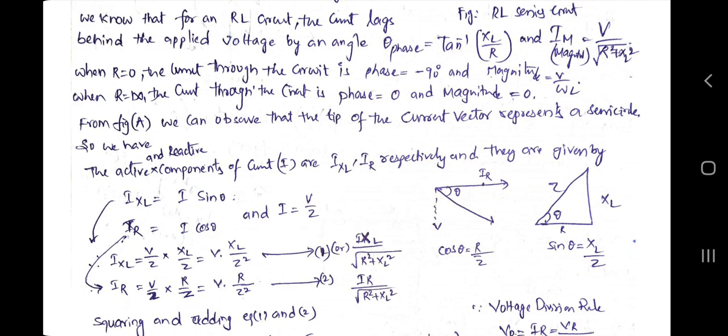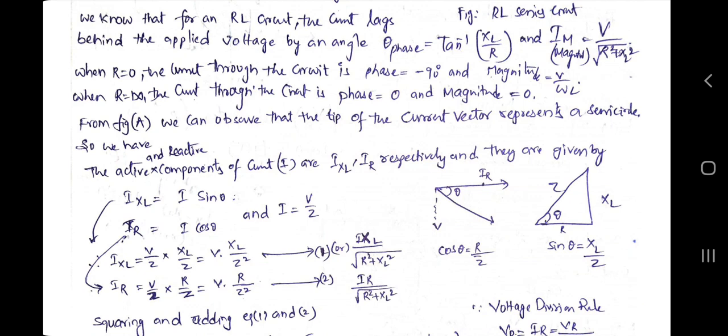Now IXL is I sin theta and IR is I cos theta. We already know that the current passing through the circuit is the ratio of the voltage to the total impedance, V by Z. So IXL is equivalent to V by Z into XL by Z, which is equal to V XL by Z square.